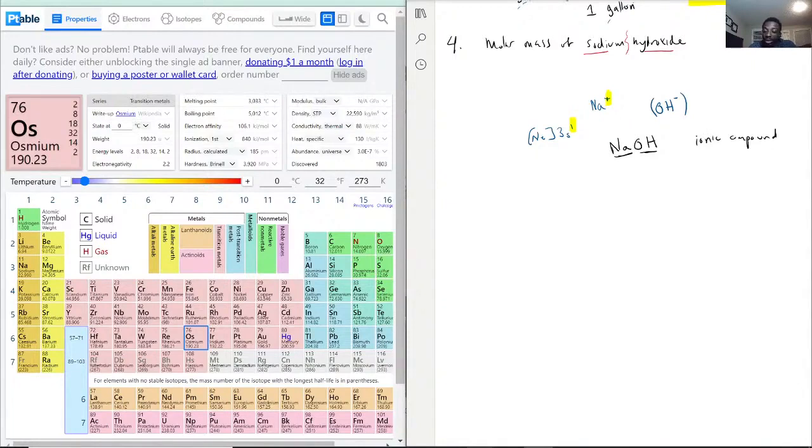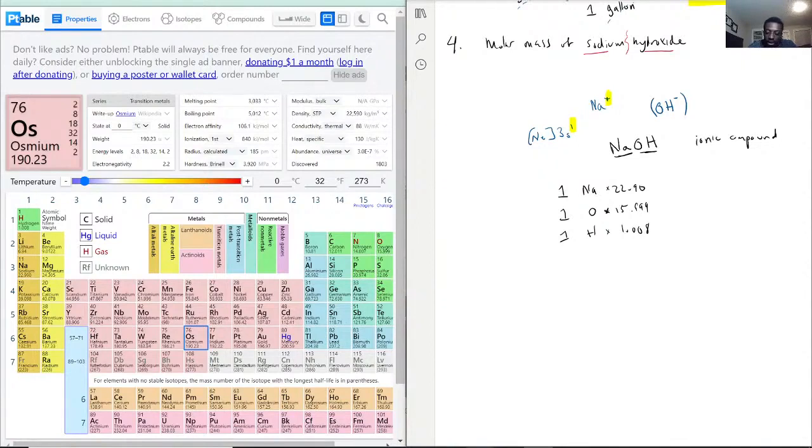That one, as I said, is relatively straightforward. You just have to count your constituents. So 1 Na, 1 O, 1 H. Sodium is 22.9. Oxygen is 15.999, and hydrogen is 1.008.